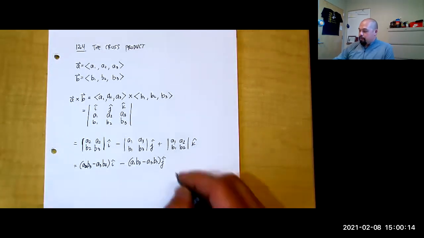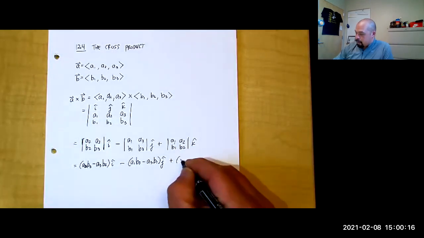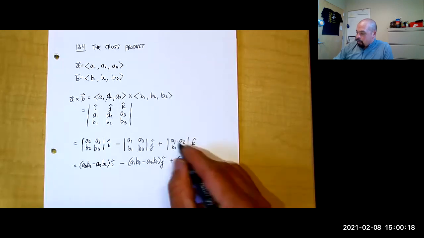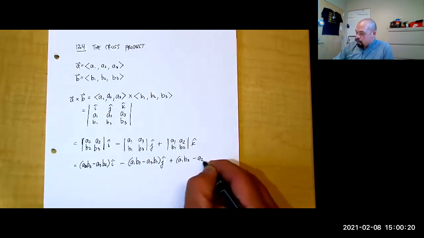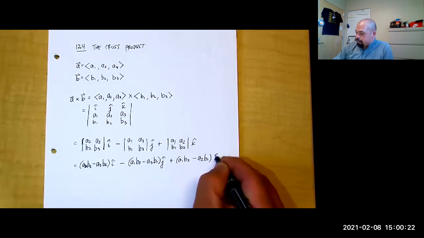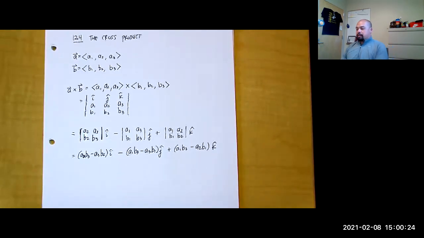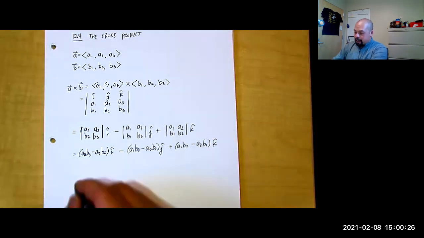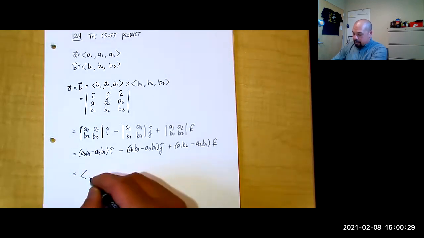We can bring it down into vector format later, that is then brackets, A1 B2 minus A2 B1 for the K component. And if you wish, keeping track of that negative, you can even put it in that bracket form.